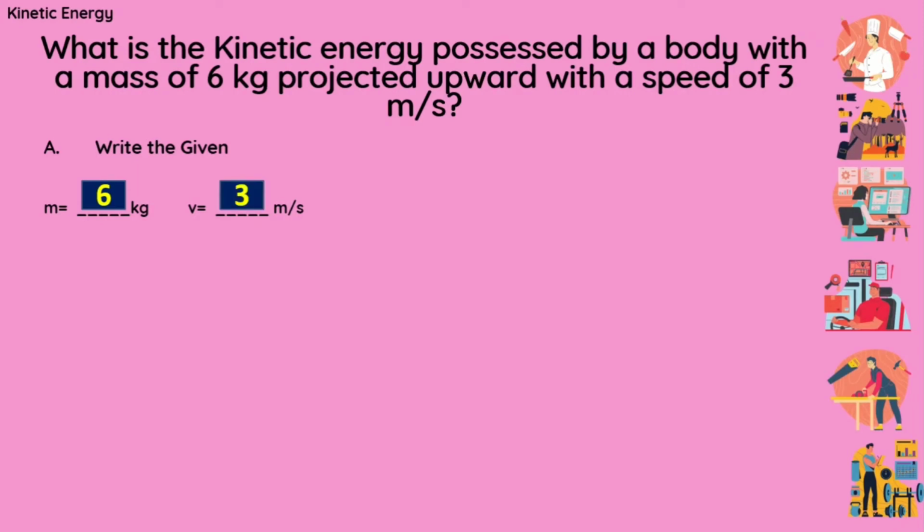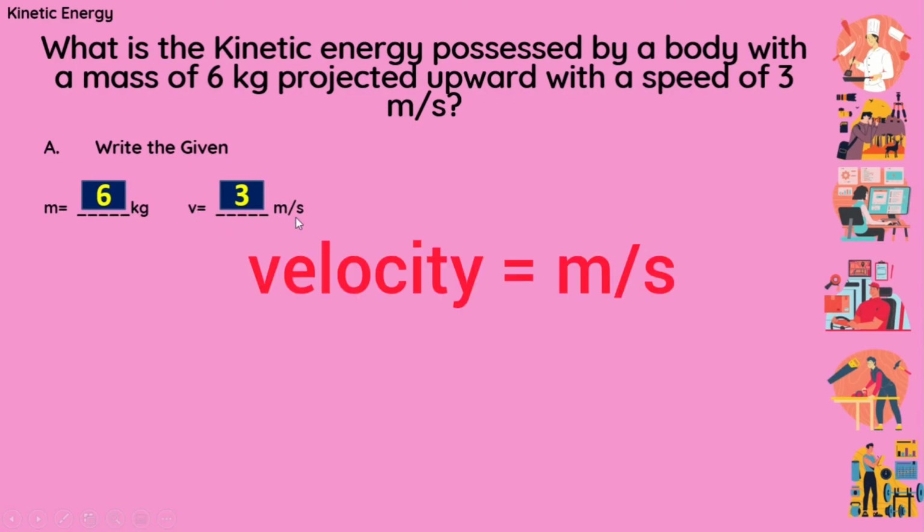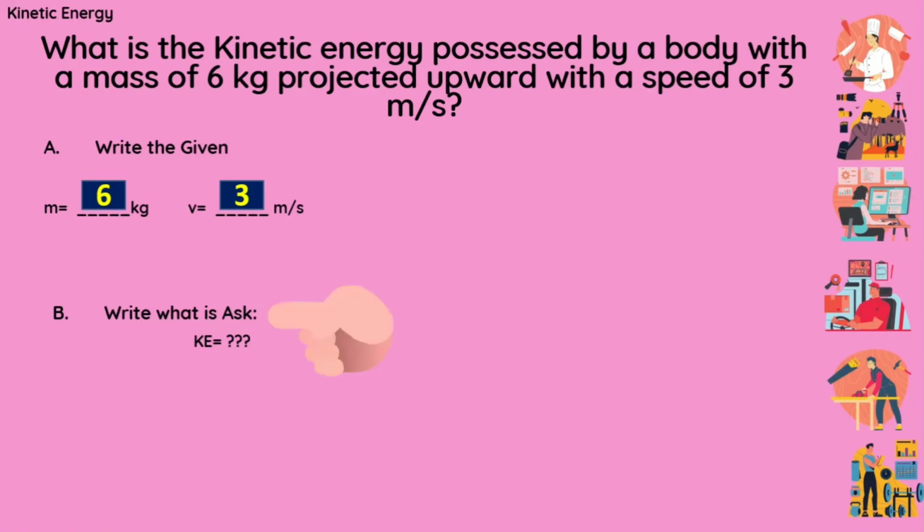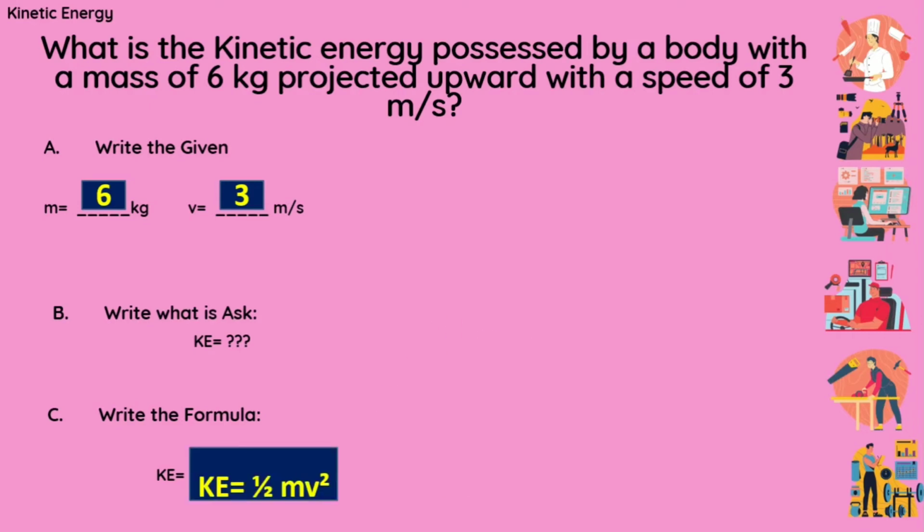So, tandaan nyo lang yung unit. So, yung unit ng mass is kilogram. The unit of velocity is meter per second. What is asked? Of course, you are looking for the kinetic energy. Then, the formula, if your answer is 1/2 mv squared, then you are very good.